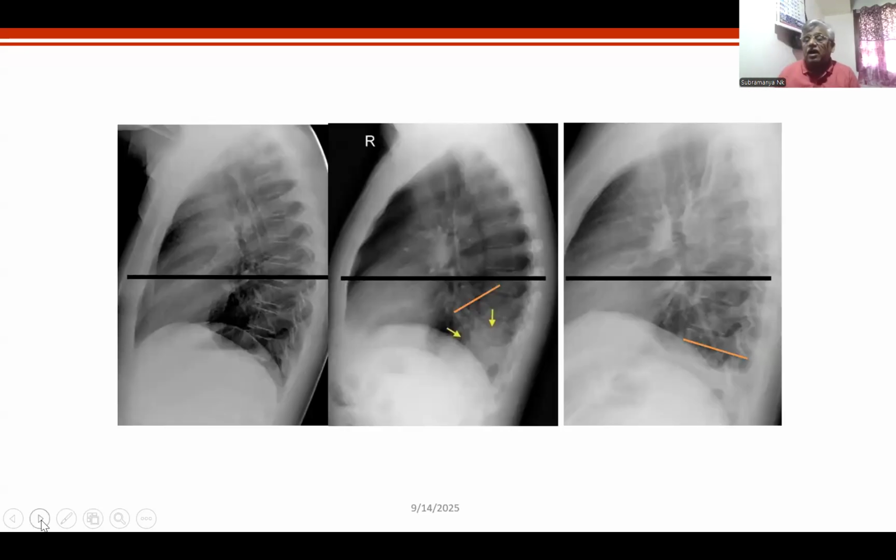Now, how to interpret a lateral film? All of you remember that in space there is a term called black hole. What do you mean by black hole? Black hole means it appears pitch dark in the center.